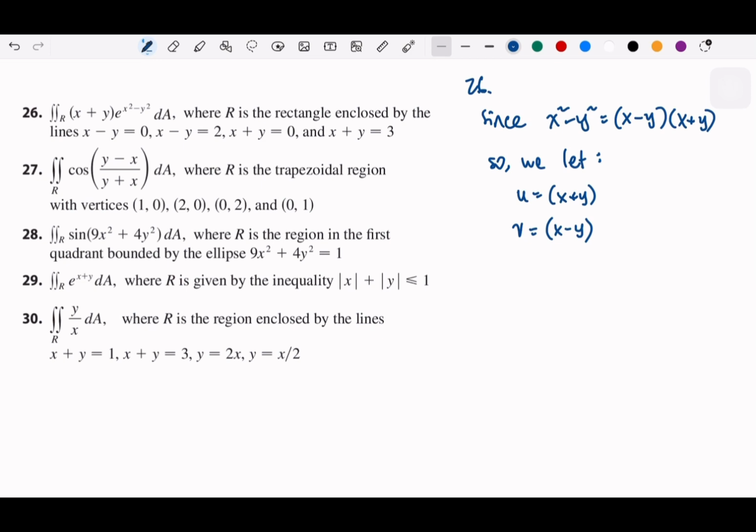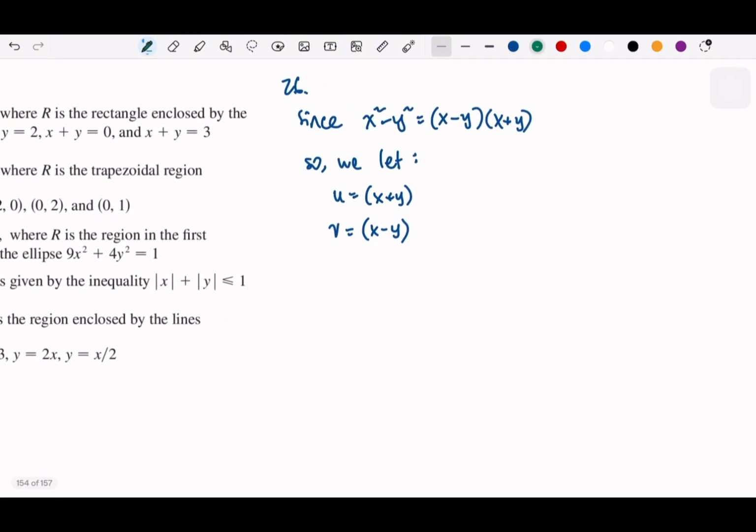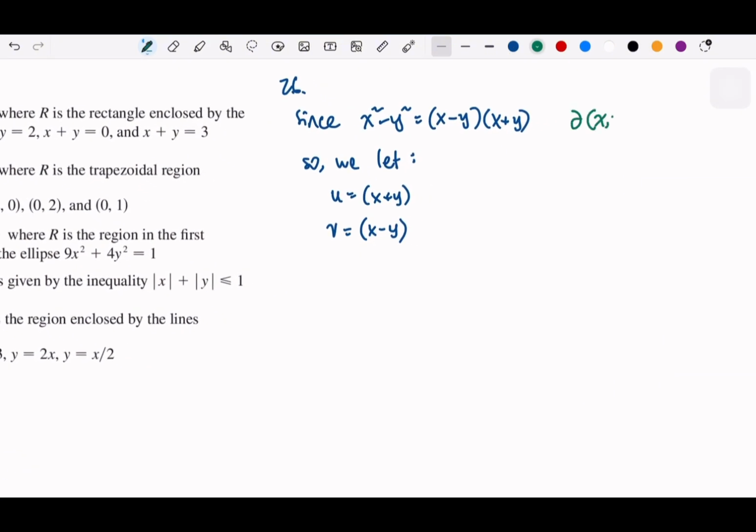Then we need to know what x is in terms of u and v, and what y is in terms of u and v, to get the Jacobian, because we need to make this transformation from xy to uv.